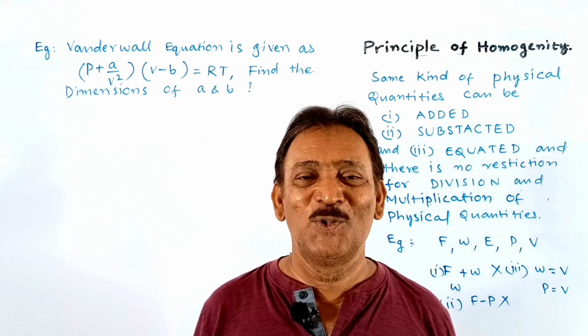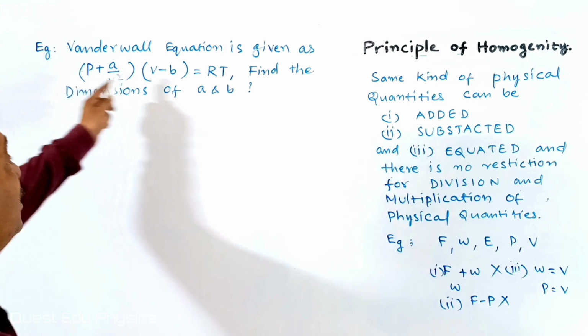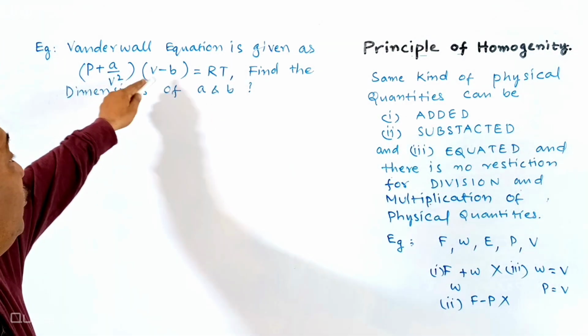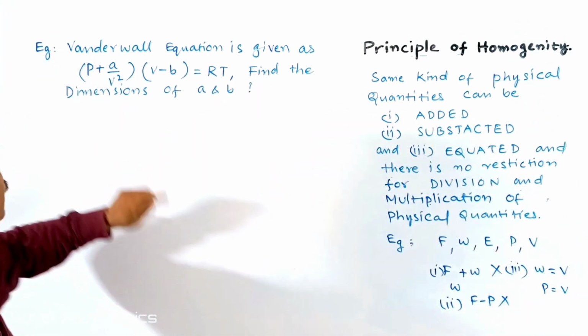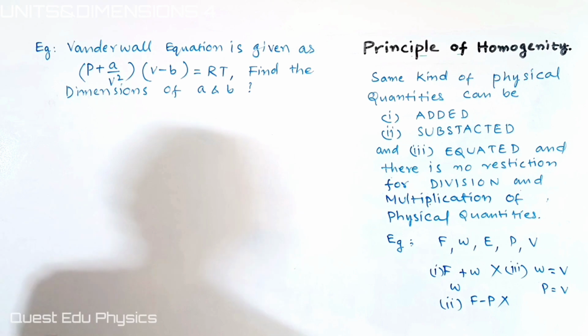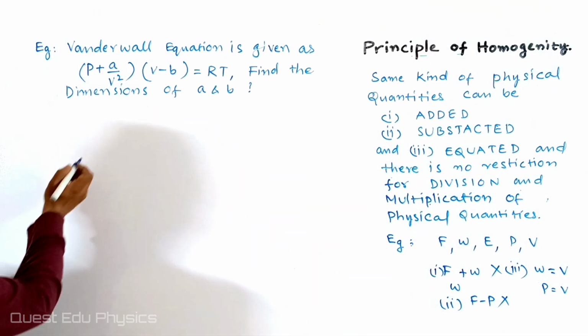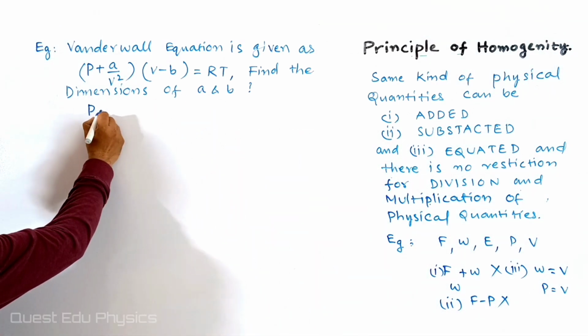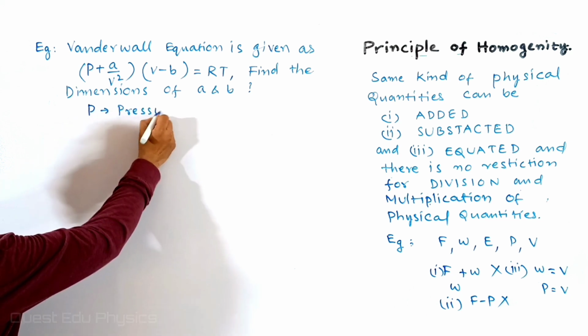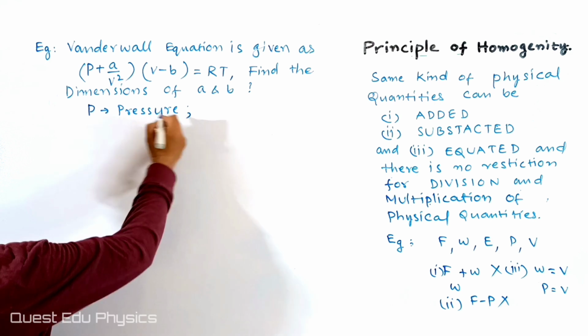Okay, students. Van der Waals equation is given as (P + A/V²)(V − B) = RT. Find the dimensions of A and B. In this equation, P stands for pressure, and V is the volume.